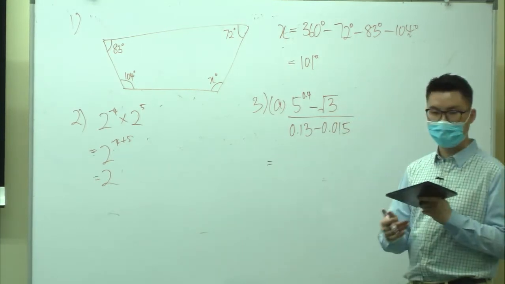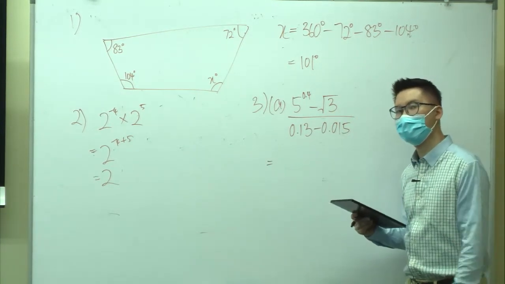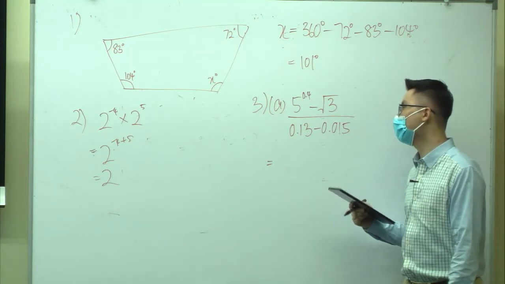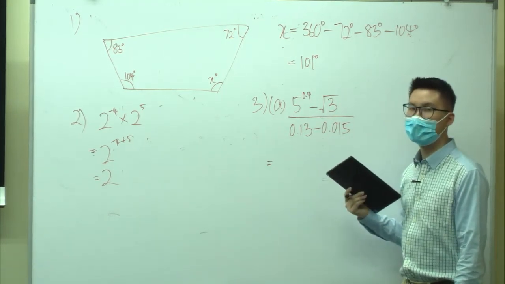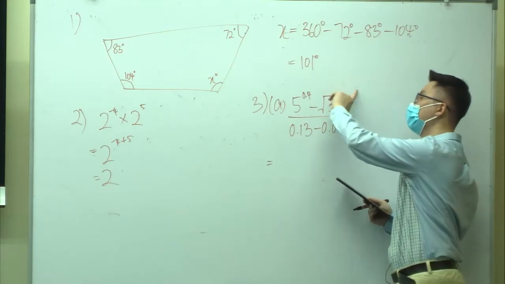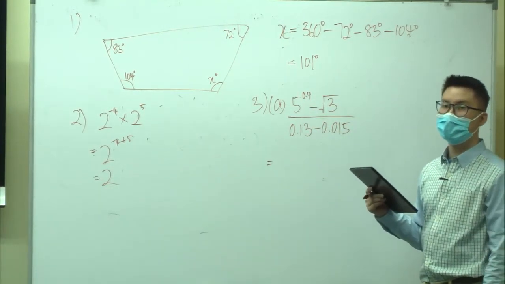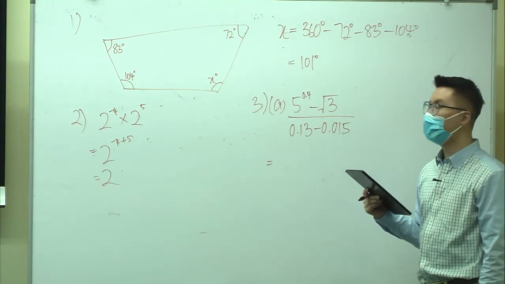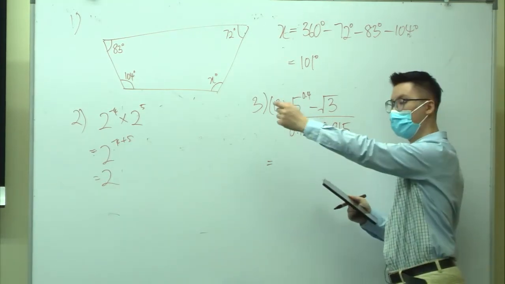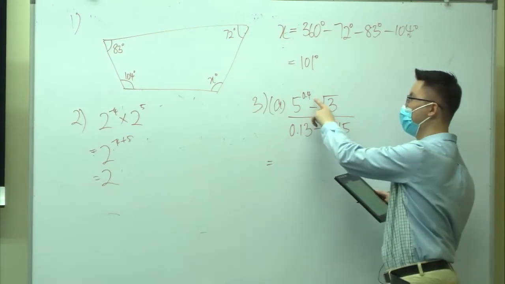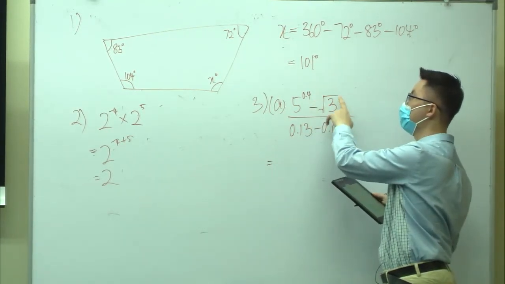When you press your calculator, you don't press all these numbers at once. You press the number for the numerator first: 5 to the power of 0.4 and then minus square root of 3.